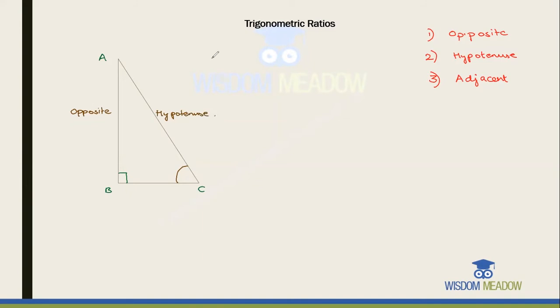And the adjacent side is a side which is the arm of the angle, but the one apart from the hypotenuse. So BC. So adjacent is the side which is the arms of the acute angle you consider, but apart from the hypotenuse. So that's how you find opposite, hypotenuse, and adjacent.